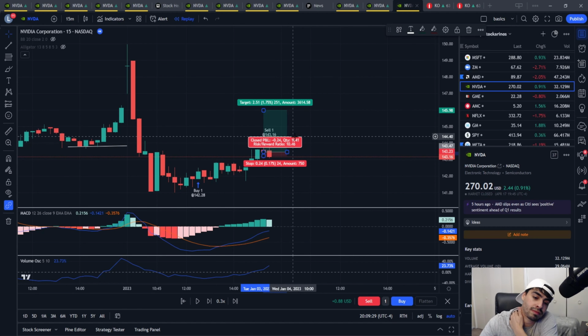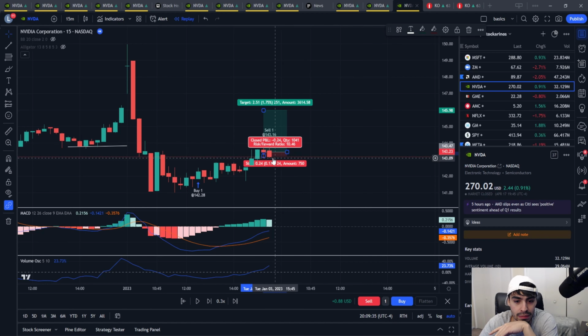Of course, if you're still making money, let that go. But if anything, you want to be more, I kept saying impatient with your stop loss. You want to get that smaller and smaller, because you don't want to lose anything that you've already gained.